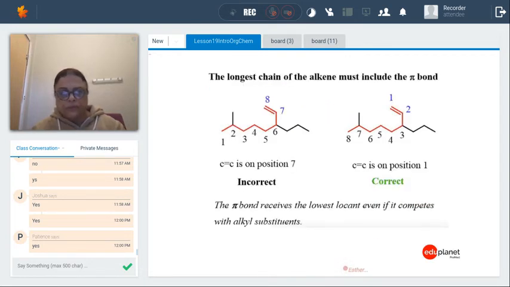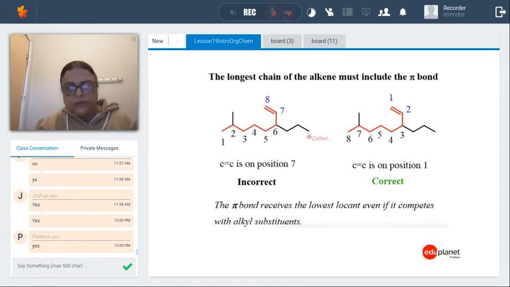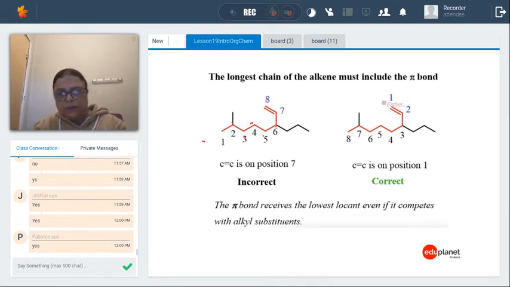So the longest chain of the alkene must include the double bond, the pi bond. So, well, how do we count? Do we count 1, 2, 3, 4, 5, 6, 7, 8, or do we count from the other end, 1, 2, 3, 4, 5, 6, 7, 8?